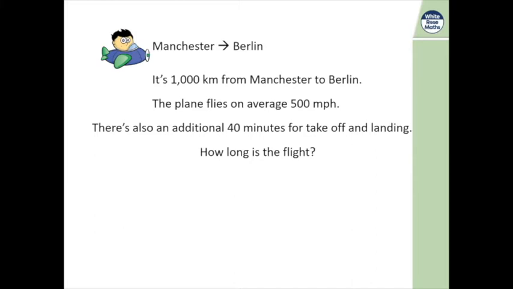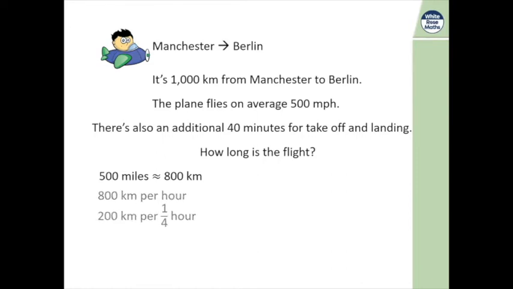Okay, I'm going to convert 500 miles per hour into kilometres again. We know it's approximately equal to 800 kilometres per hour. Now the distance is 1,000 kilometres to Berlin, so we already know the flight is going to be longer than an hour. If the plane travels 800 kilometres in an hour, we must work out the time it takes for an additional 200 kilometres, which is a quarter of an hour.